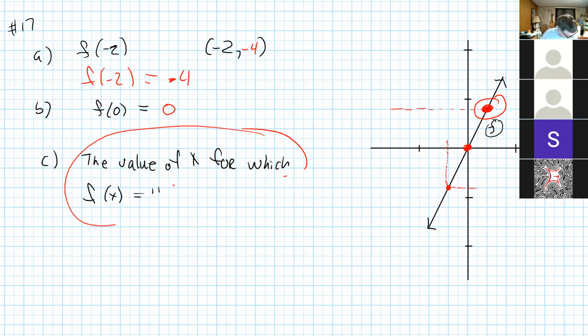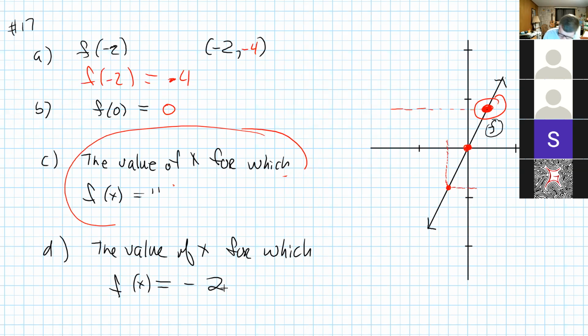All right. Part D says find the value of x for which f of x equals -2. Okay, so what's another name for f of x?